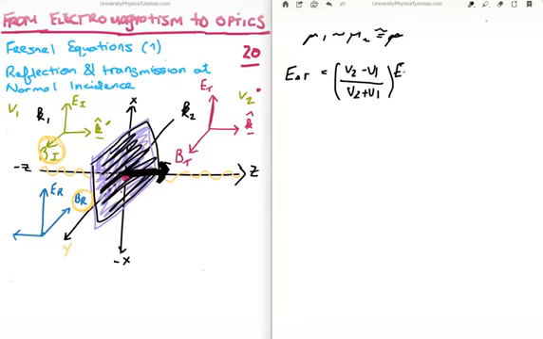E0R is equal to V2 minus V1 over V2 plus V1, and this is times E0I. And you get E0 transmitted is equal to 2V2 over V2 plus V1, and this is all times E0I. Now, why is this interesting?